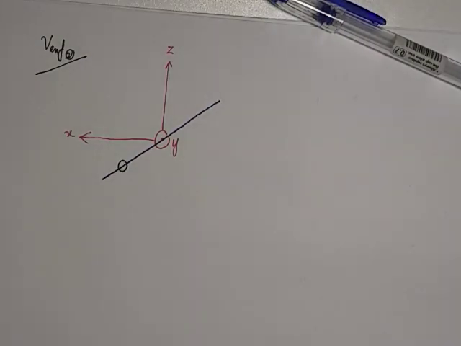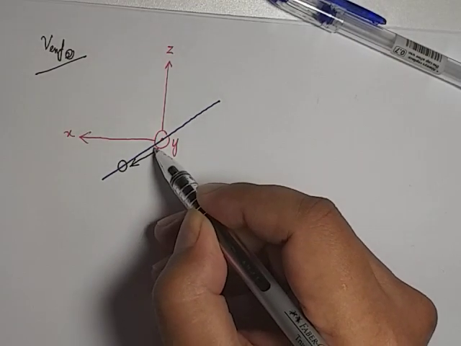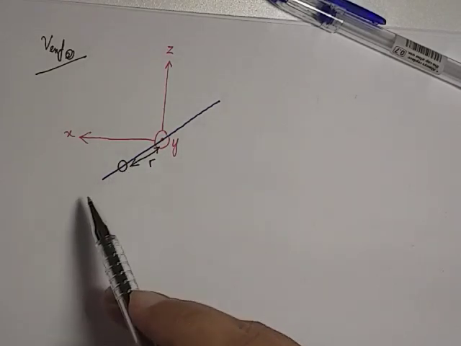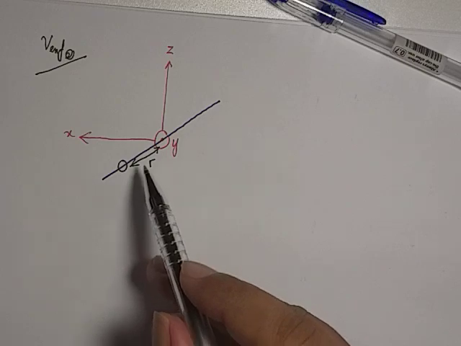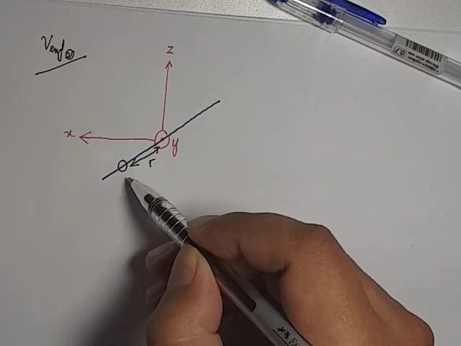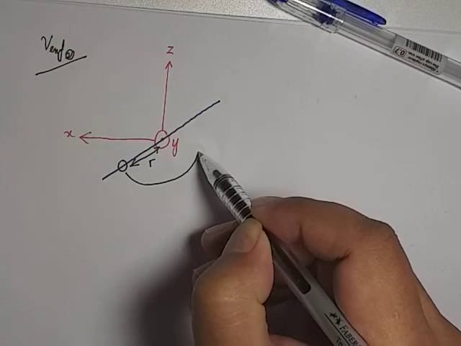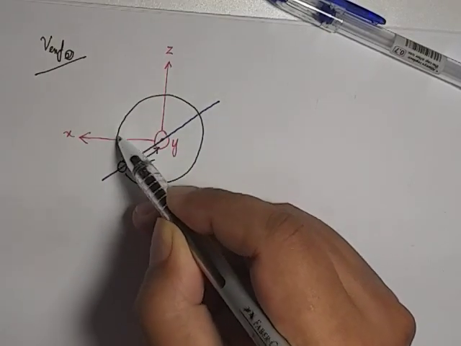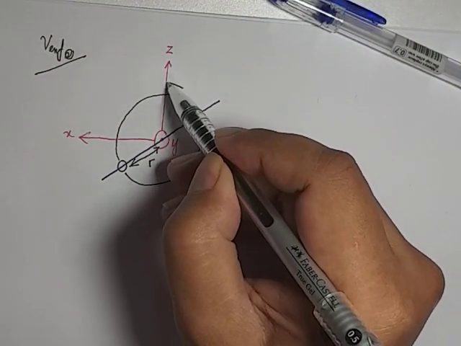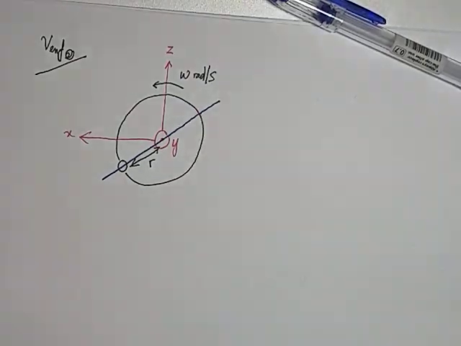The sample's distance from my y-axis I'm going to call r, because it's not fixed, since the sample can be shifted to any position. Therefore, the radius is also going to be changing. It's not fixed. So what happens to this sample dq? As we observed before, you're going to have a circular motion. This is the movement of our sample dq with speed omega radians per second.